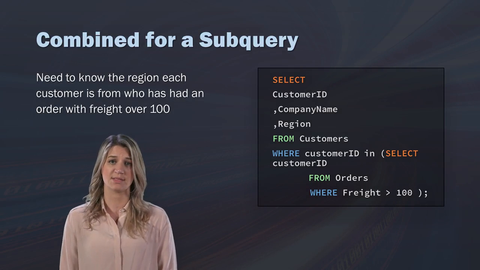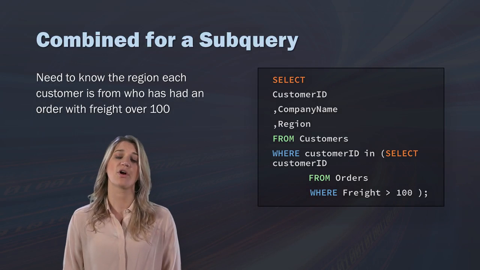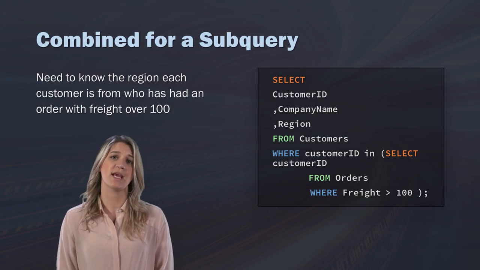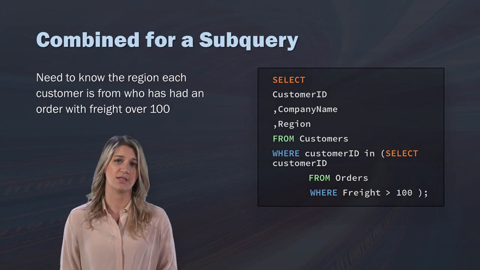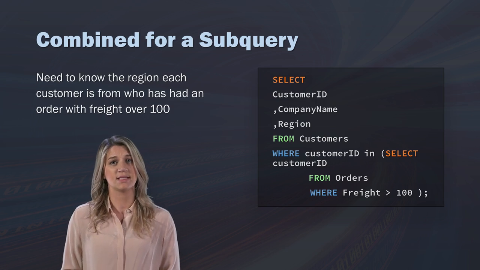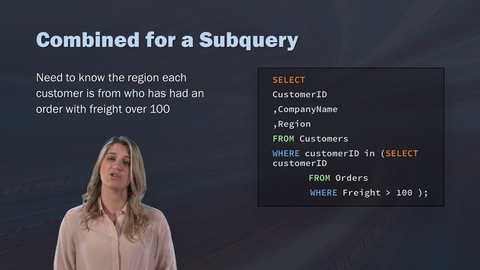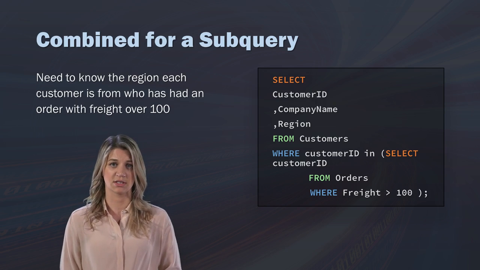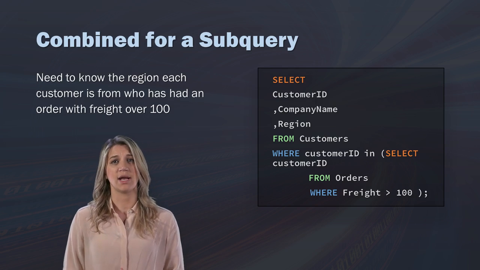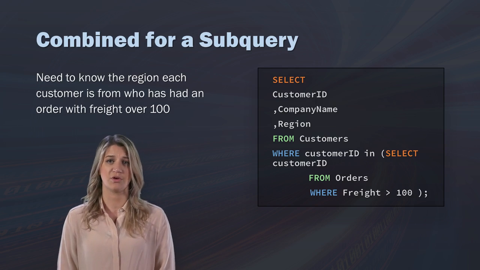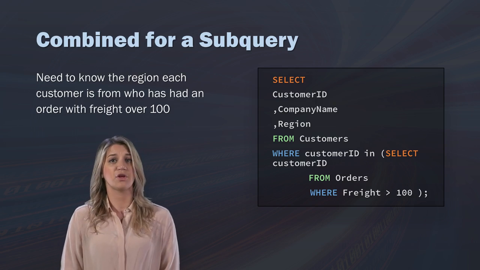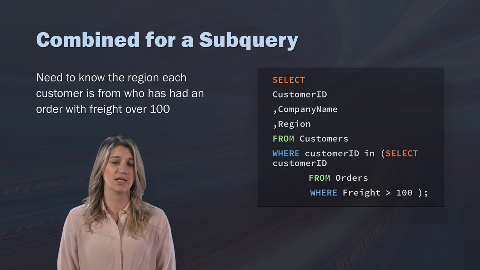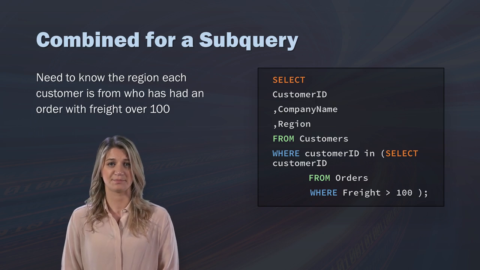So to avoid this mess in SQL, we write what are called subqueries. We can take the three queries we had to write to do the job and instead combine all three queries into one larger query in order to make things more efficient. What I usually do when writing a subquery is start with the innermost query. How we're using this query is to filter for customers that we're getting back.